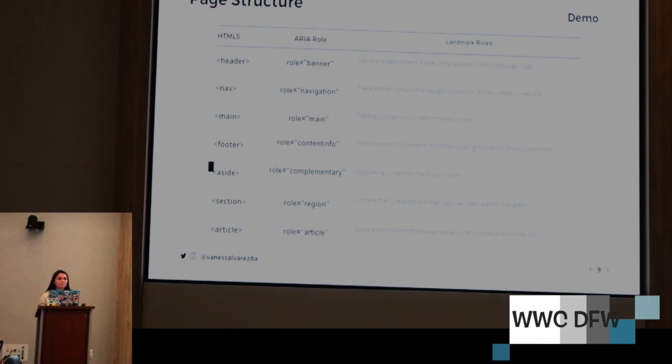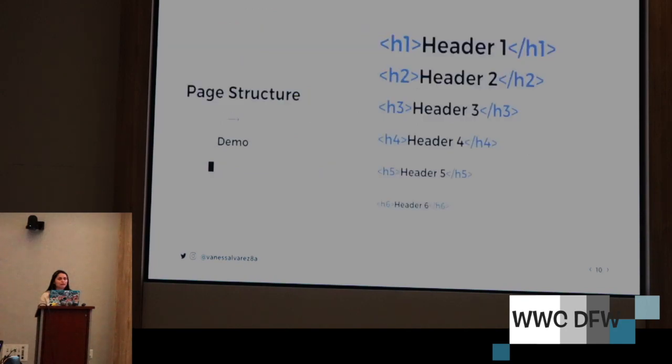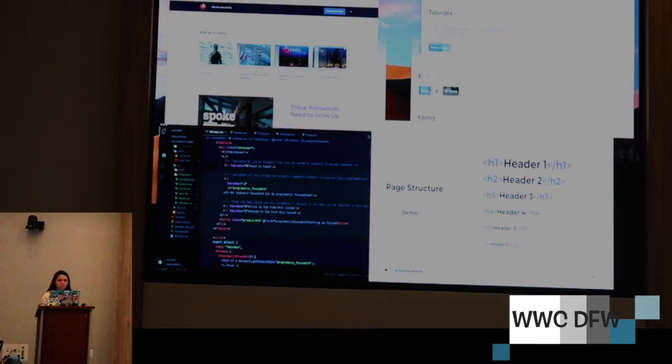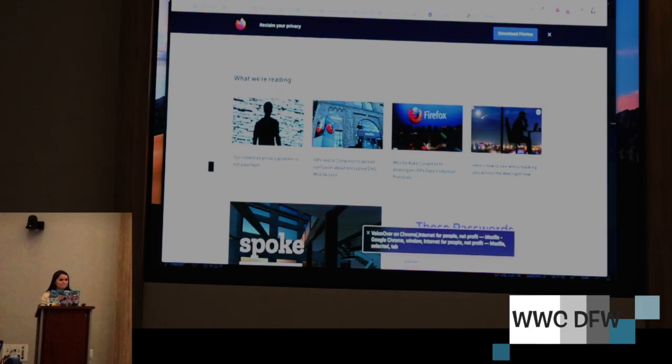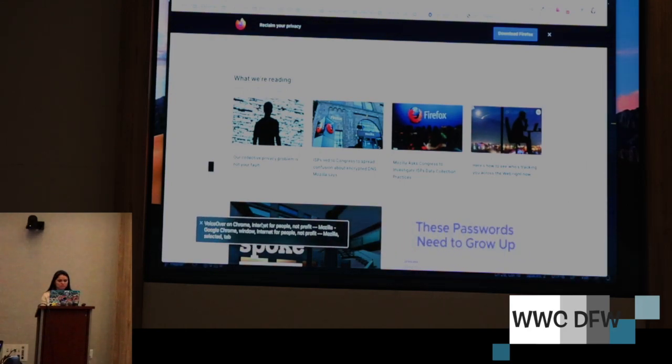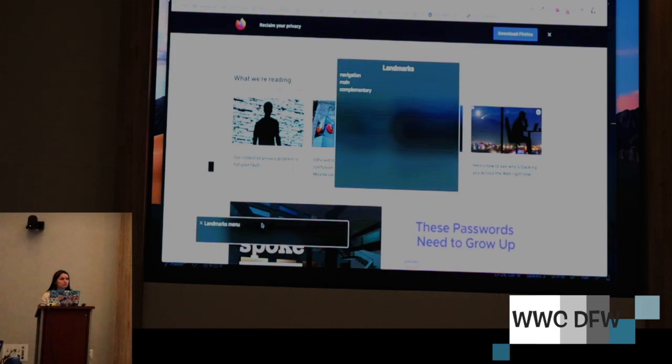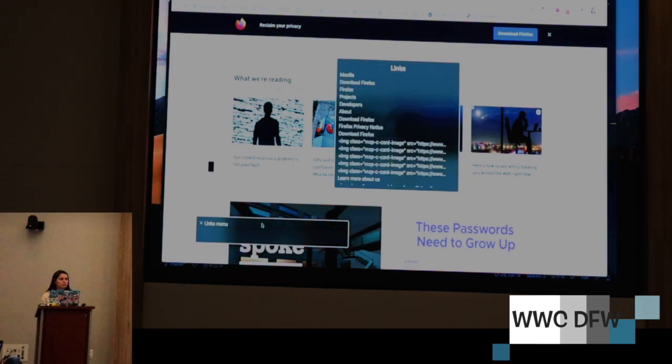Another way to give a page structure is by using the correct headings. And again, I'm going to go back into Firefox, then start VoiceOver. Internet for people, nonprofit, landmarks menu, articles menu, links menu, headings menu.